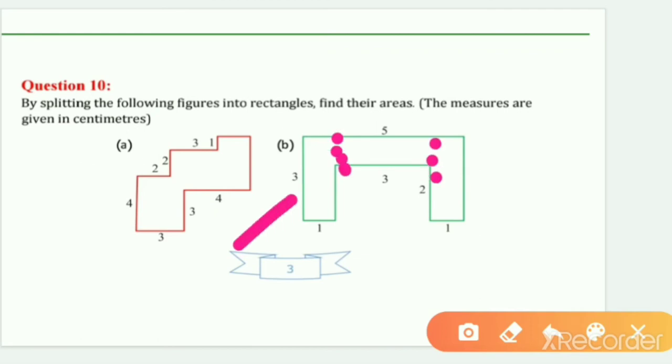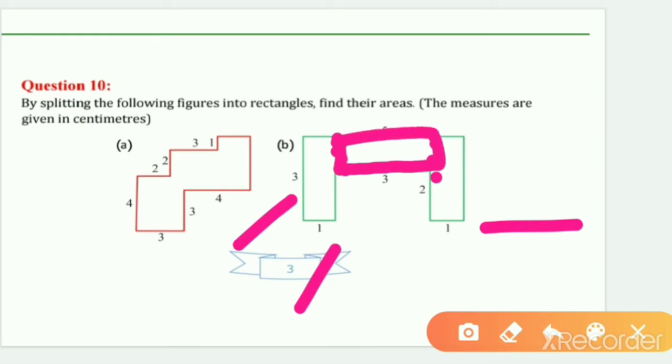Now here the area for this will be 3 into 1, and area for this figure will be 2 into 1, right? Now this rectangle is left, now we have to find the area for this rectangle also. This is also 3 into 1, and this is also 3 into 1. Okay, but here we have the short rectangle, this will also be 3 into 1.